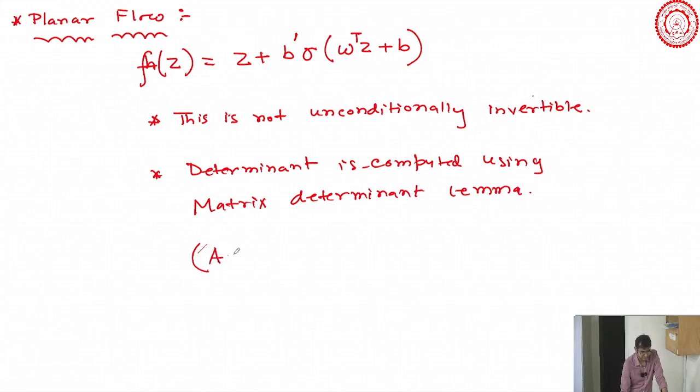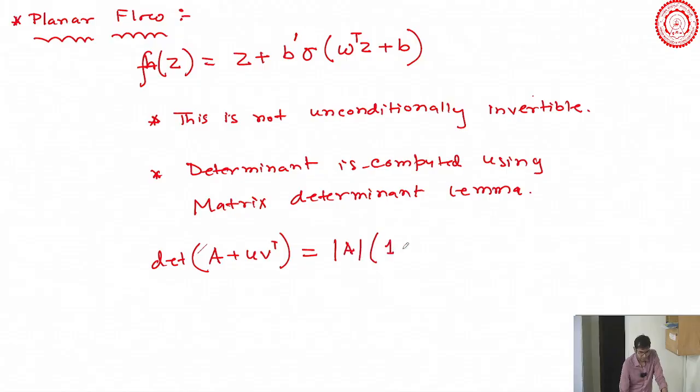Okay, A plus U V transpose, you want to find the determinant of this. Okay, this is equal to determinant of A multiplied by 1 plus U A inverse V transpose, something like this.